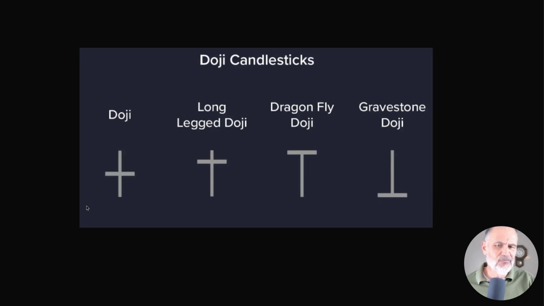Well, in a market that isn't really showing much of a trend up or down, it may not mean much of anything. If you see a bunch of dojis or near dojis in a row, it just means there isn't much movement and there's no telling what might happen next. If you see a doji at the top or bottom of a strong trend, it could be an indication of a reversal, a stronger likelihood that the price will start going in the other direction.